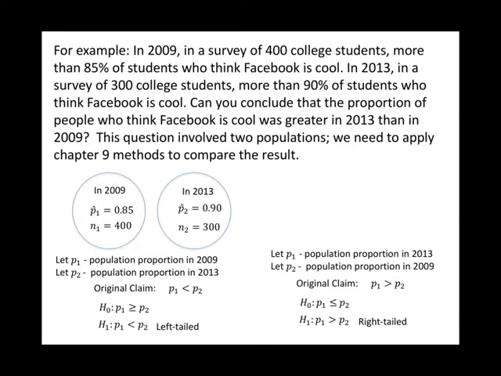That is why it is so important. You have to tell me which one is going to be your P1, which one is going to be your P2. And this is going to be part of your credit. So remember, highlight this part, homework and exam. For chapter 9, first step, let me know which one is going to be your population 1, which one is going to be your population 2.